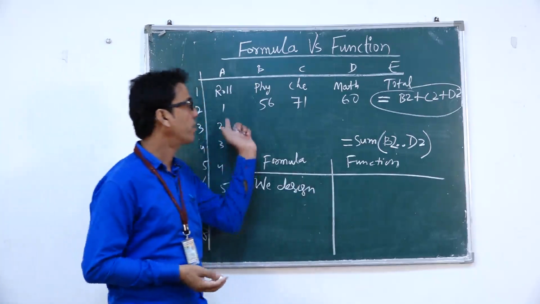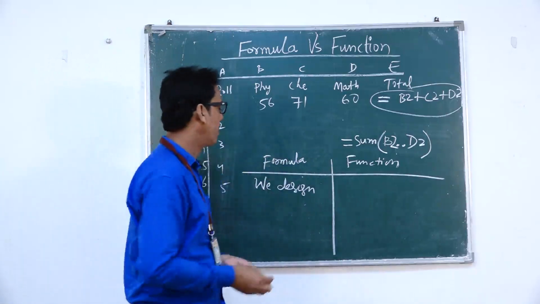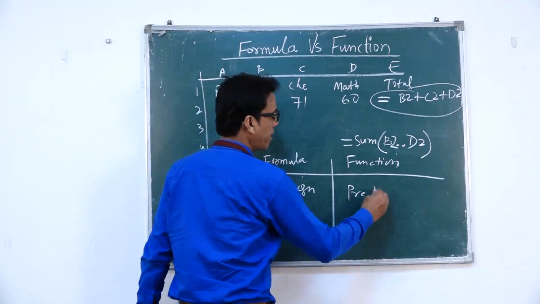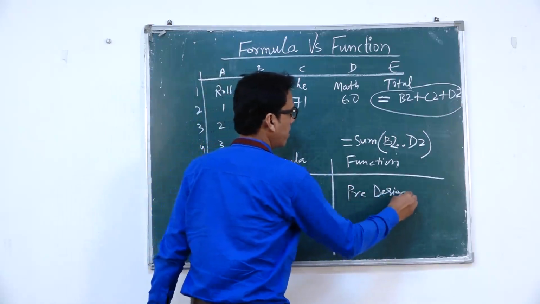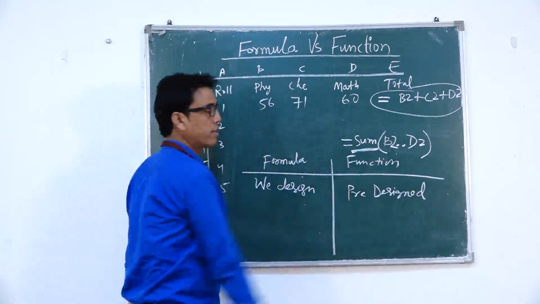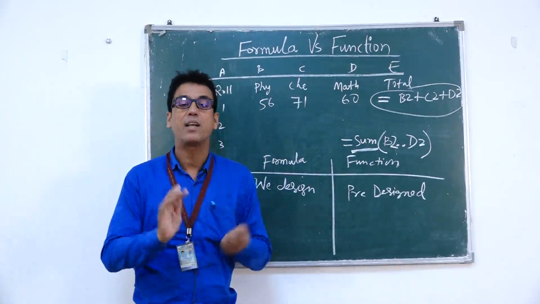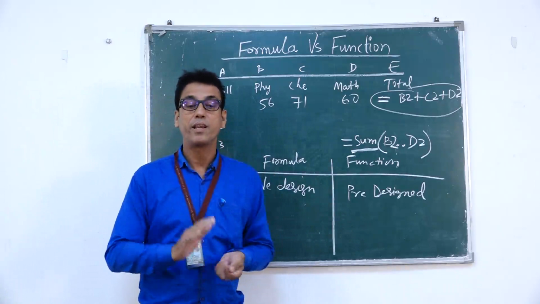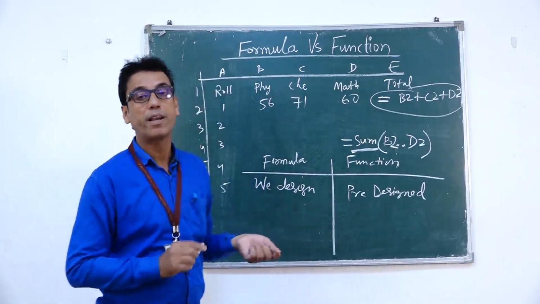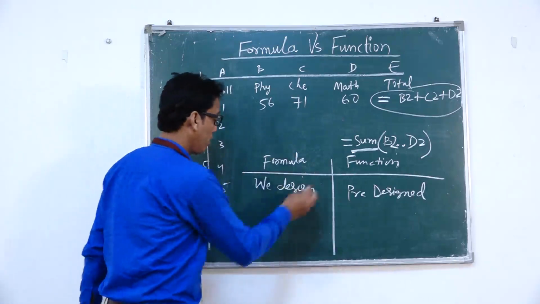If you want to calculate a percentage, or subtract a number in one cell from another cell, the functions are pre-designed. See, SUM is not something we have designed. It is already designed by Excel, available in the library of Excel. There is a big, huge library of functions.